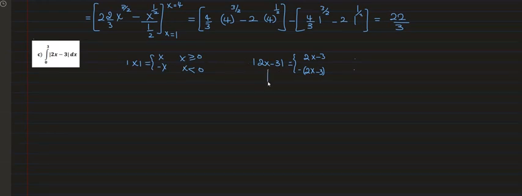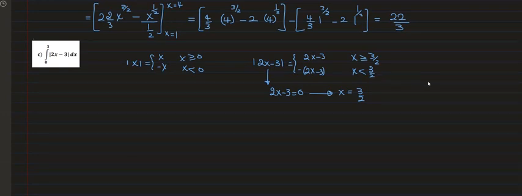What we do, we take what's inside the absolute, which is 2x minus 3, and we can equate it to 0. Equating this to 0, the x is going to be what? 3 over 2. We take the 3 outside and then divide by 2. So here it's going to be positive when x is bigger than or equal to 3 over 2, and negative when x is less than 3 over 2.